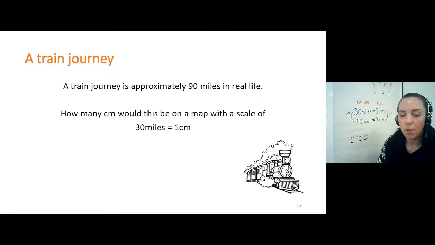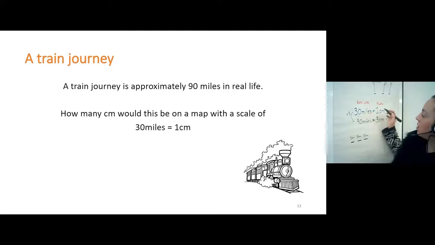Was everybody okay with that one? Yeah, that's right, Chloe. That's exactly right. Like I said, if you think about it like this, if every 1 centimetre is 30 miles, if you didn't use this scale method, you could, as long as obviously the amount isn't too much, you could just keep adding another 30.